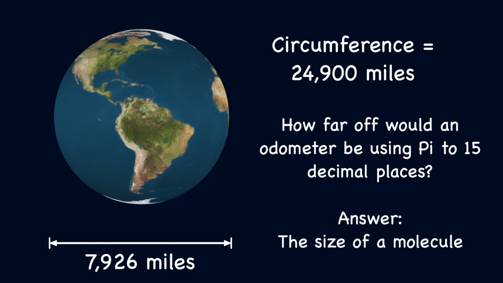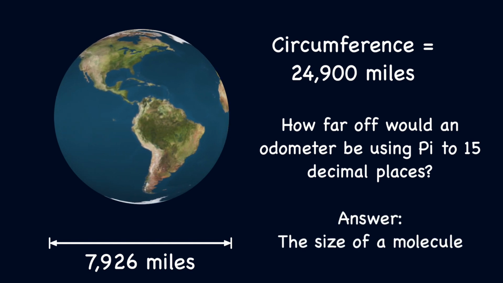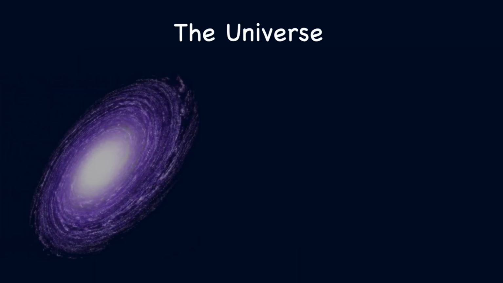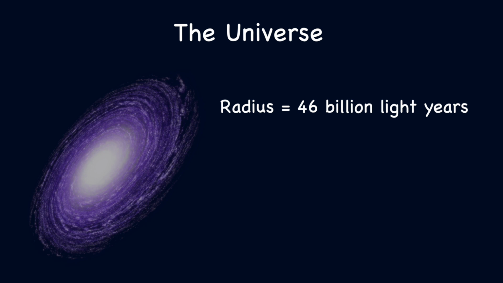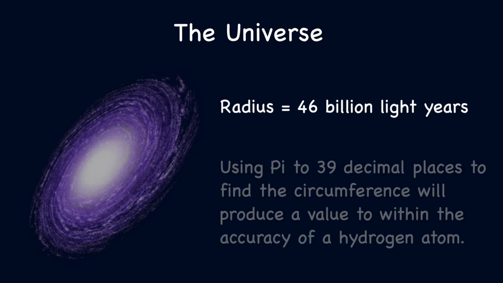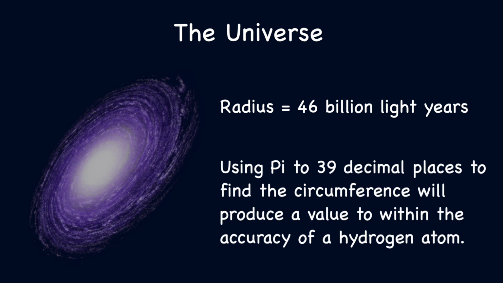It would be off by the size of a molecule. And to calculate the circumference of a circle with the radius of 46 billion light years, that's the radius of the universe, by using pi to just 39 decimal places, it would produce a value to within the accuracy of a hydrogen atom.